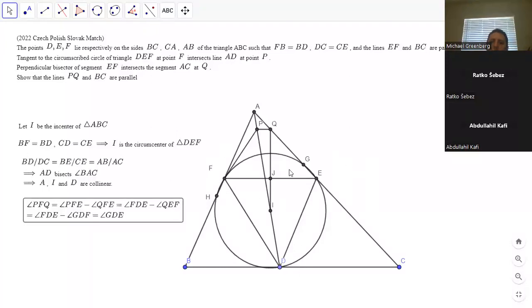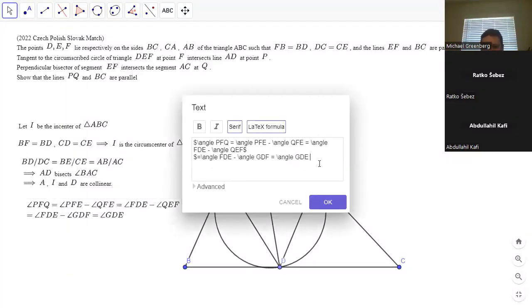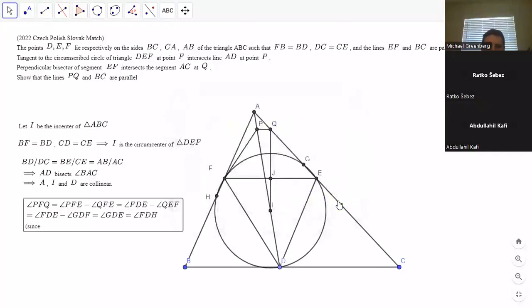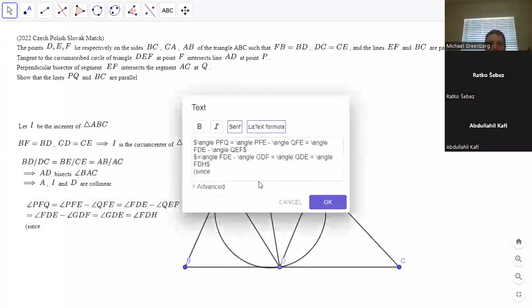That's true by symmetry, because FG and HE are parallel, since FG is parallel to HE by symmetry.